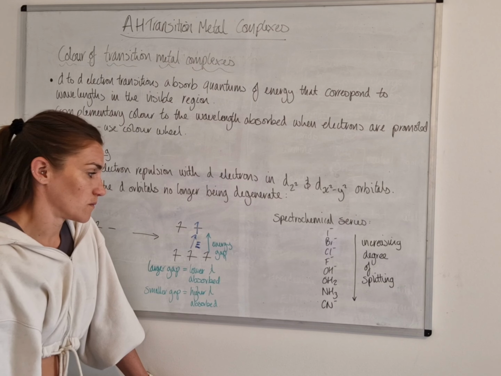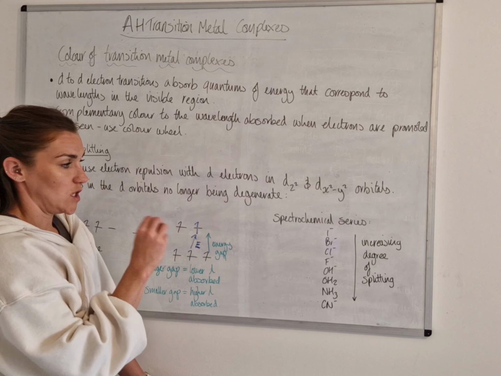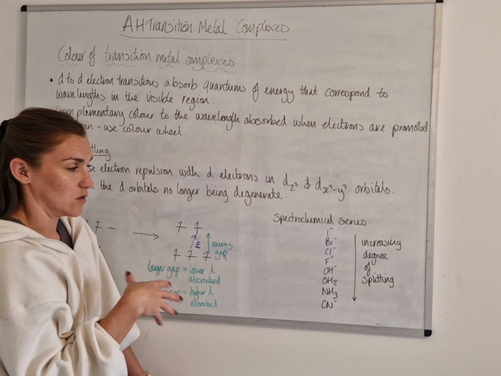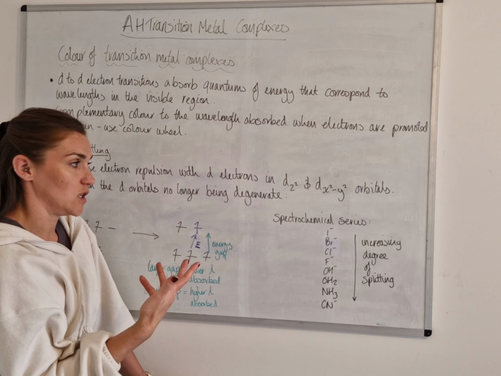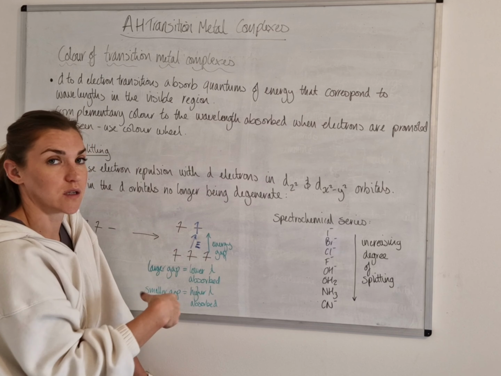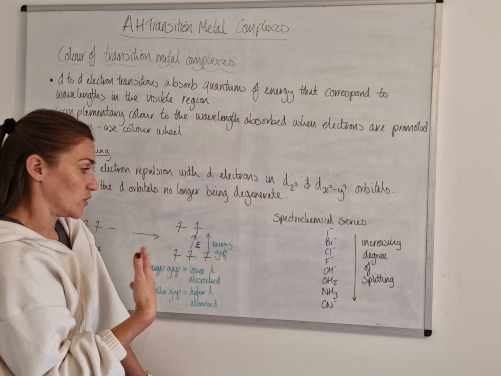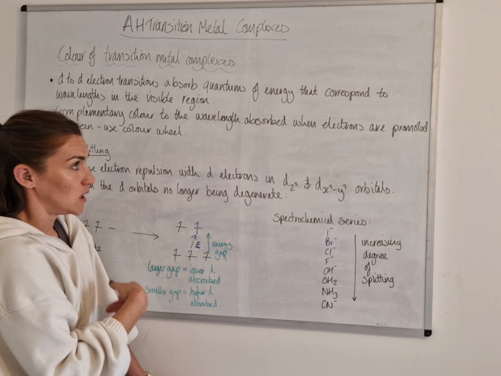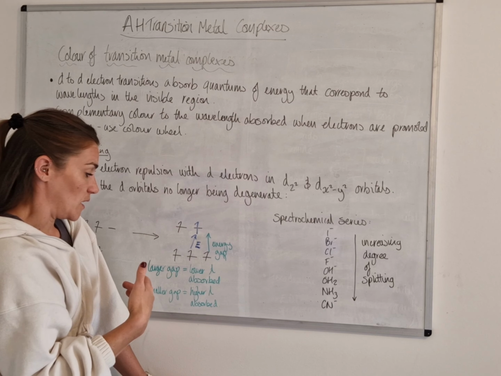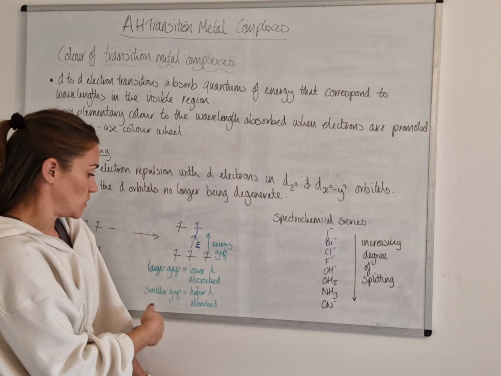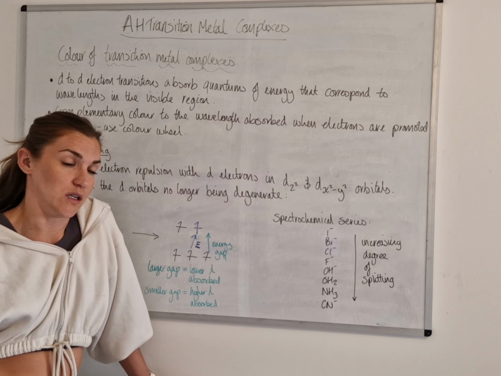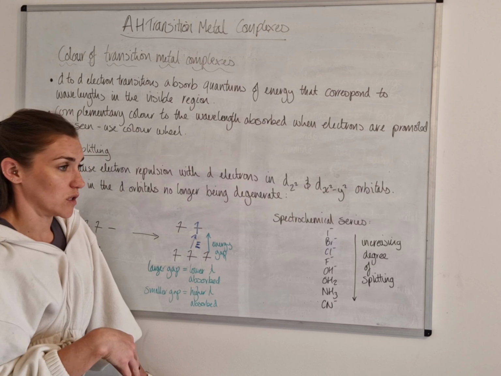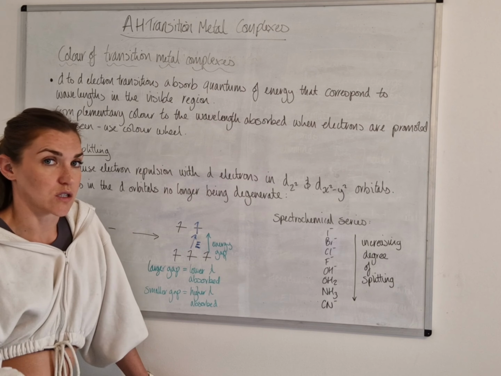So changing the ligands changes the repulsion of the d electrons, which then changes the level of splitting between the d orbitals, therefore changing the energy that's absorbed when d electrons are promoted to higher d orbitals, and therefore changing the wavelength of light that is absorbed. So changing the ligands on a transition metal complex will change its colour.